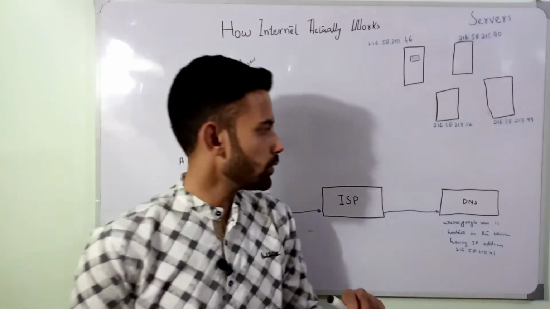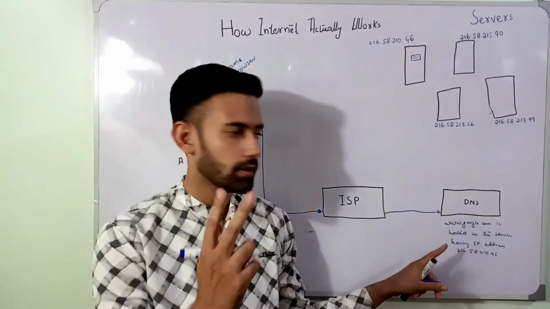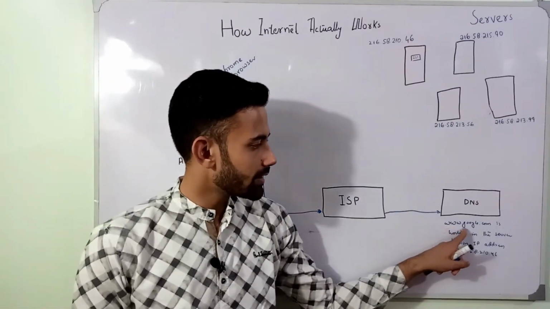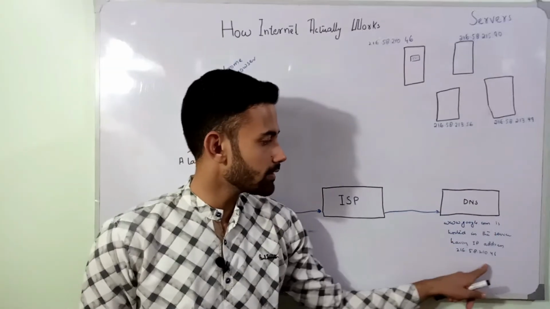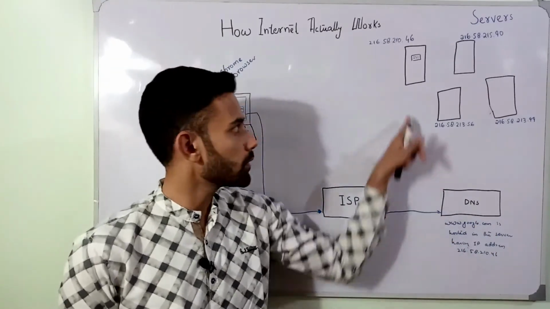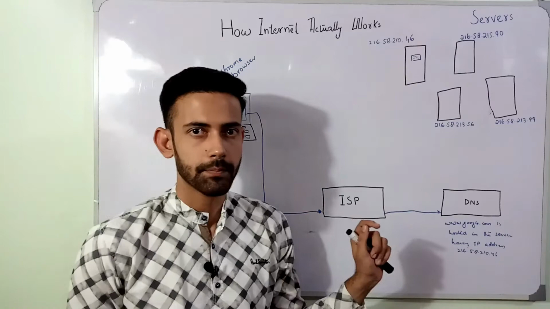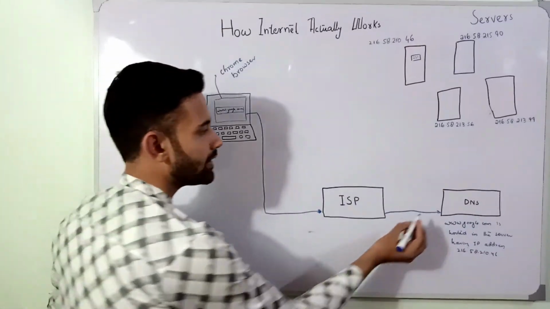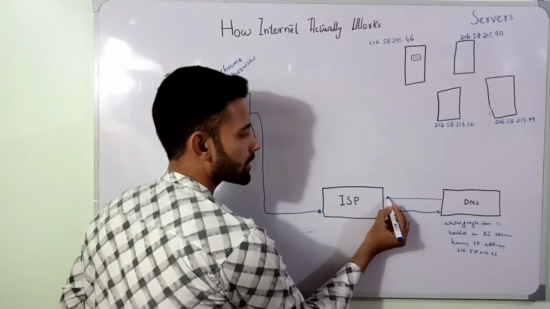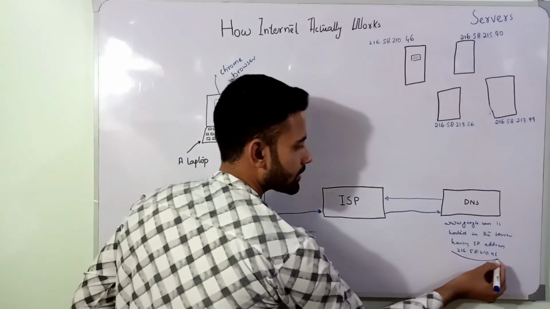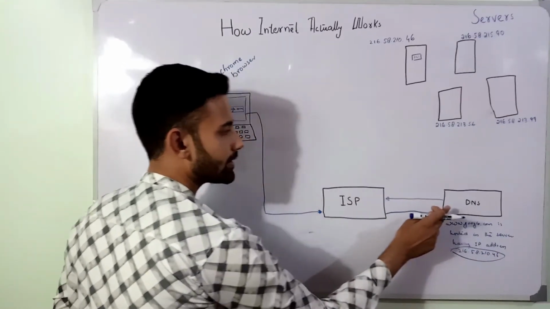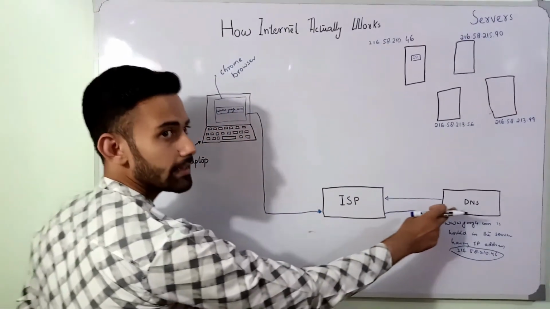So now you can see DNS contains two things. Number one is the website domain name, and the second thing is the IP address of the computer that is hosting that website. Now this DNS will send one thing back, that is the IP address. This is sent to the ISP by the DNS.